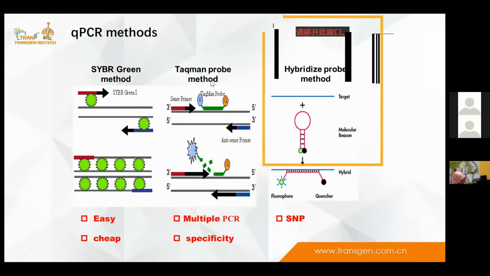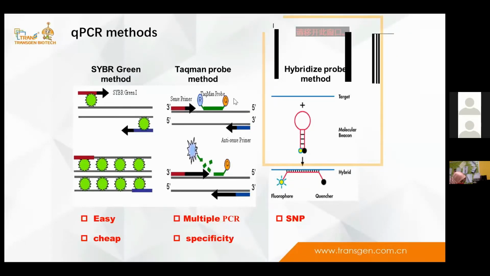The other one is the TaqMan probe method. With the TaqMan probe, without SYBR Green I, we use just the probe. The TaqMan probe is a very small probe to detect the specific target genes. It has two components. One is the reporter dye, which shows the different fluorescent signals.